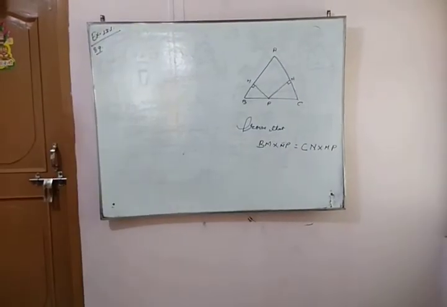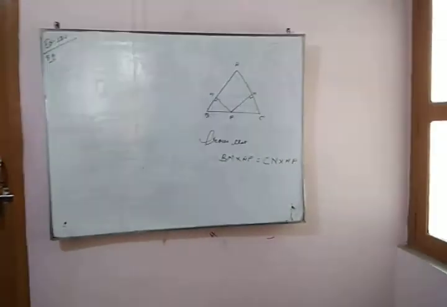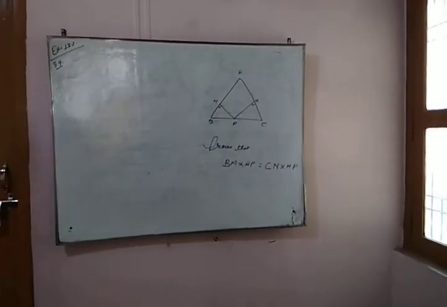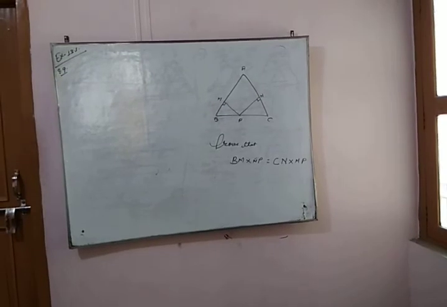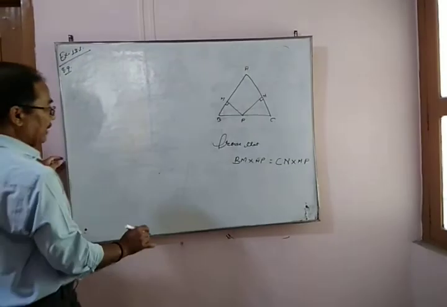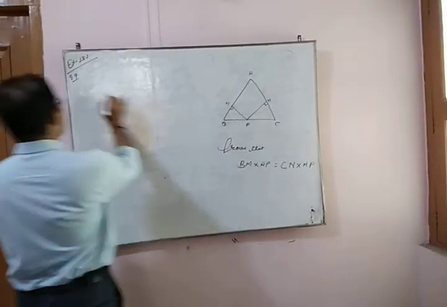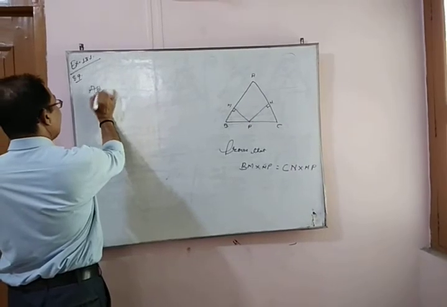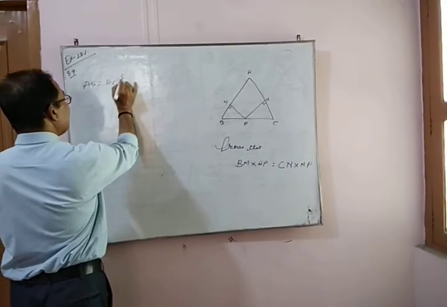This is your question number 9. It is given that AB equal to AC, given.